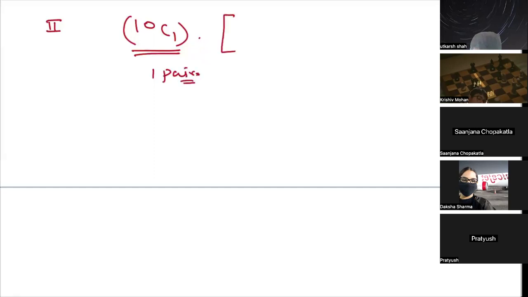And now how many shoes do we have? 18. Out of 18 shoes, I'm selecting 2 shoes. How many pairs do we have? 9. So 9C2. I'm selecting 2 pairs, and from every pair, each has 2 options. So I'm selecting the shoes in 2 square ways.